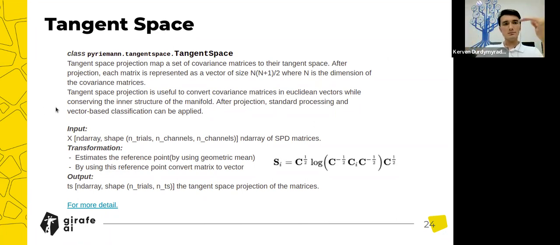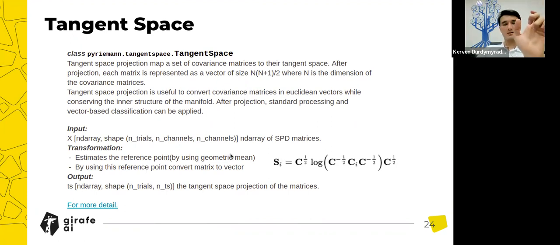In that method, our input is the covariance matrices: the number of trials, and the channels dimension. Then on the transformation part, first it's finding the reference point, as I mentioned in the Riemannian geometry, by using the geometric mean.